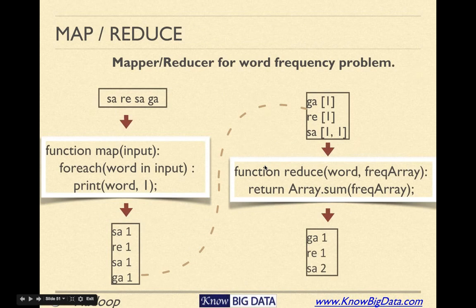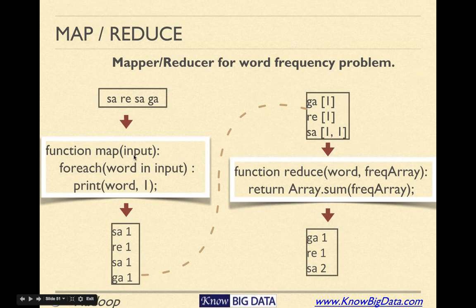Now, let's first focus on these two boxes. What do these two boxes do? And then we analyze how a MapReduce framework in general works. As we just said, a map function takes an input and converts it into key value pairs.